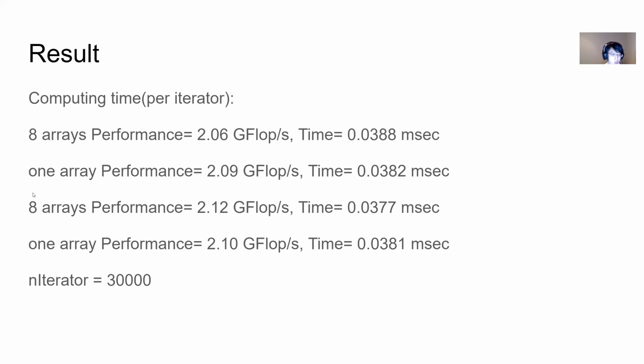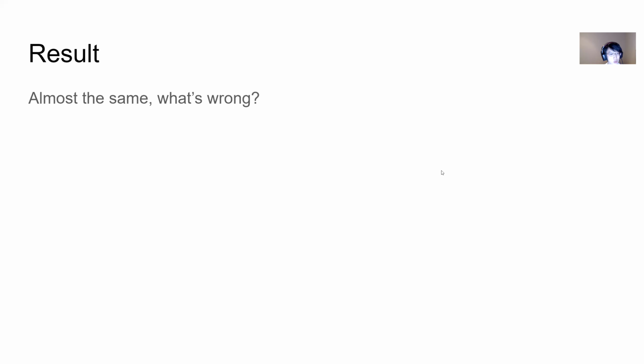I ran it 2 times, and each time the number of iterations is 30,000. So it is almost the same, which may be a little confusing. In my mind, I thought the one array performance should be quicker than the 8 arrays. So what's wrong?